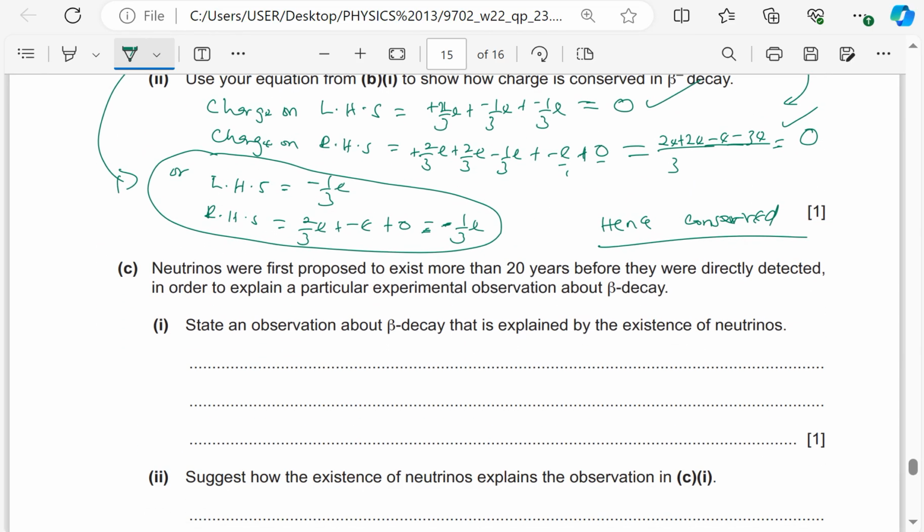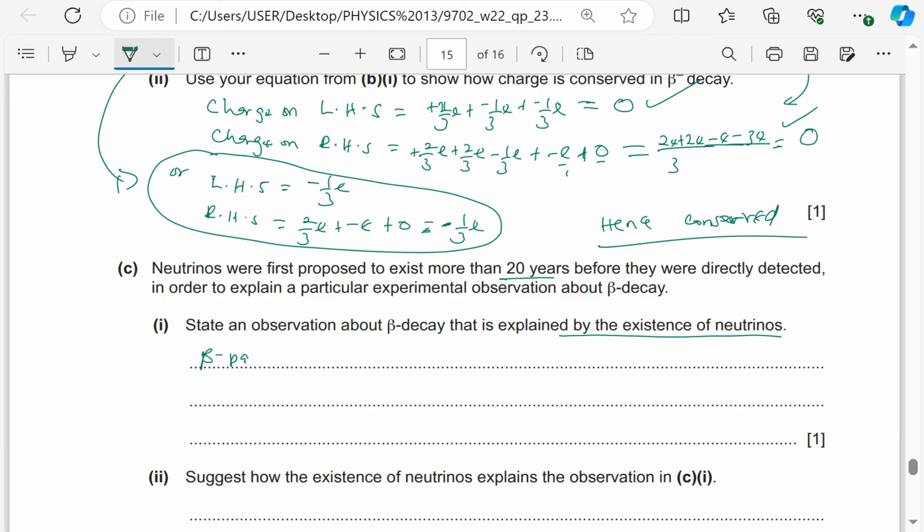Neutrinos were first proposed to exist more than 20 years before they were directly detected in order to explain a particular experimental observation about beta decay. State an observation about beta decay that is explained by the existence of neutrinos. Of course, neutrinos explain the existence of a continuous range of kinetic energies.